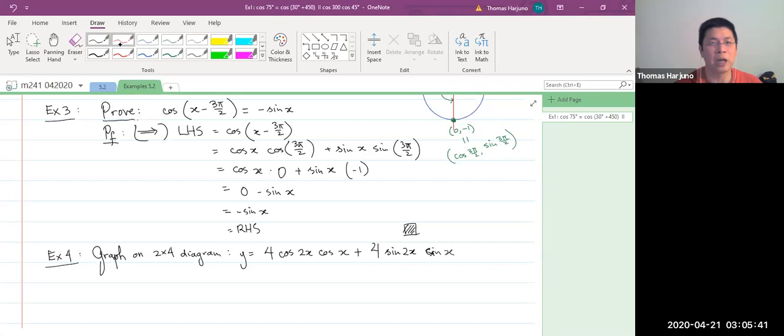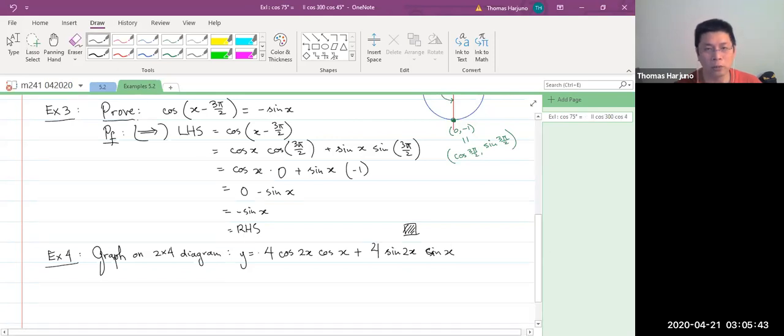Now notice that I can factor the 4 out, and then I get cosine 2x cosine x. You know what? Let me change something. Instead of plus, make it minus there. So if I factor the 4 out, I get 4 times cosine 2x cosine x minus sine 2x sine x.